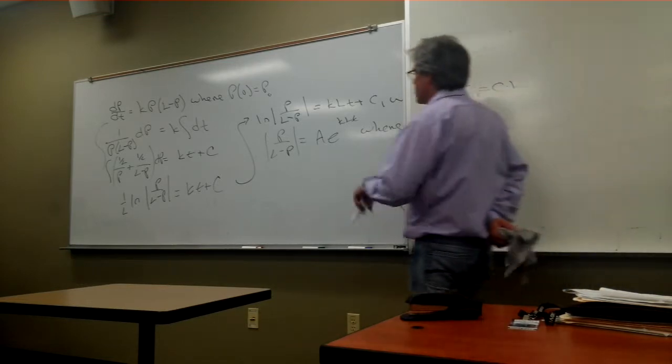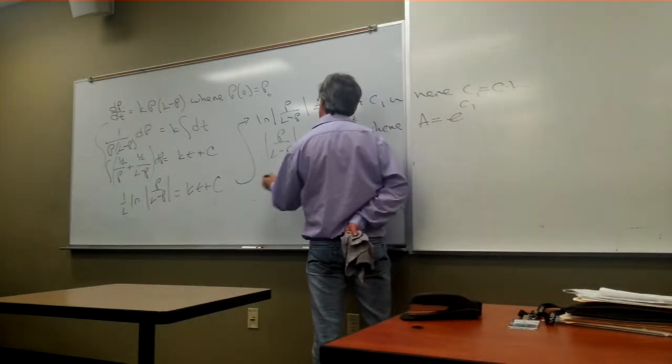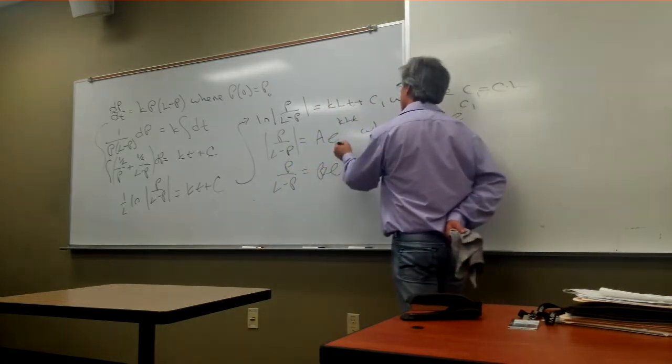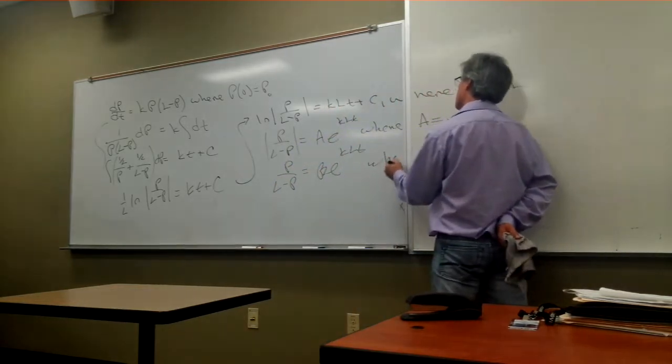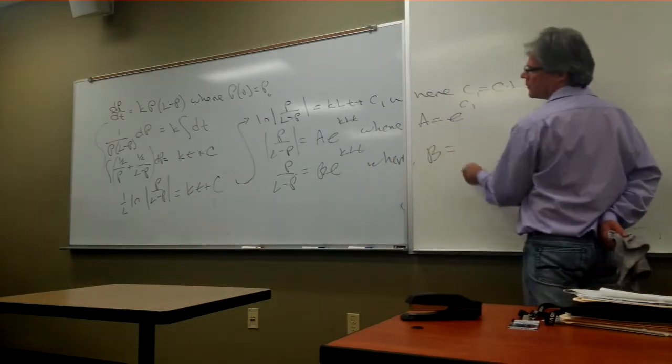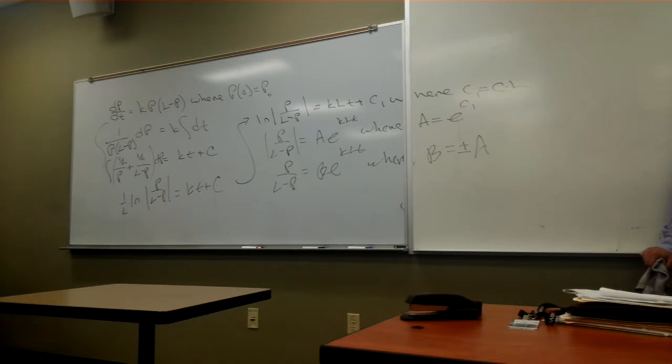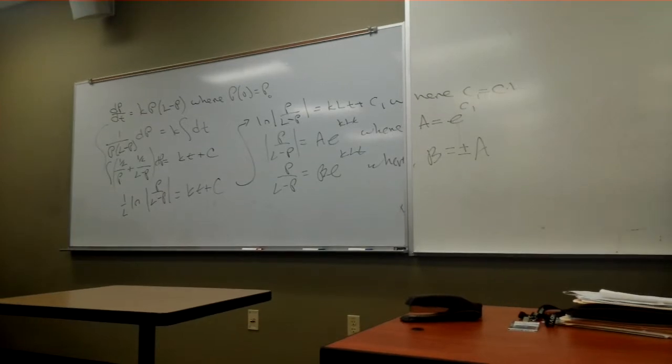Or shall I say, p over L minus p is equal to b times e to the kLt power. You guys, so far so good? Can I just take another break?